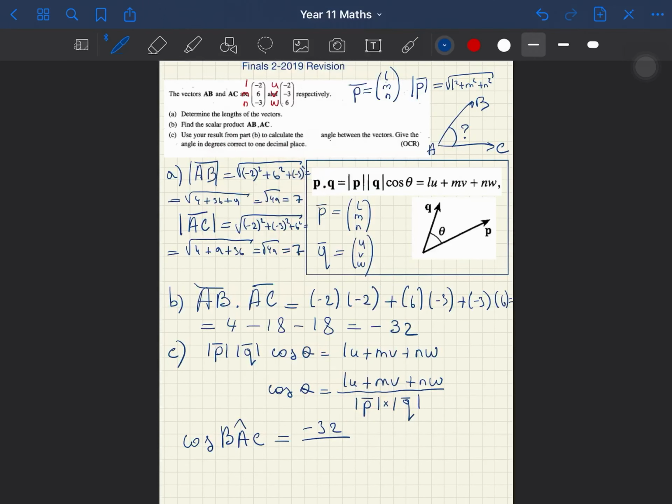So we write 7 times Q, which in our case is the second vector. I can just write it here: this is A, B, C, right? So actually in our case it's like this.